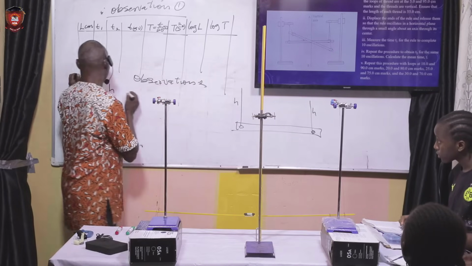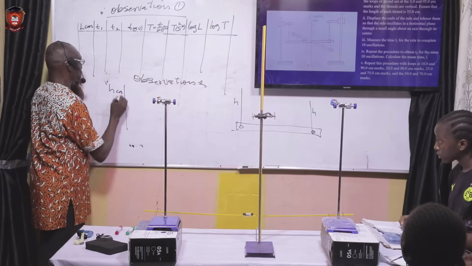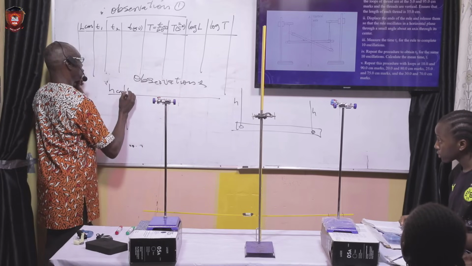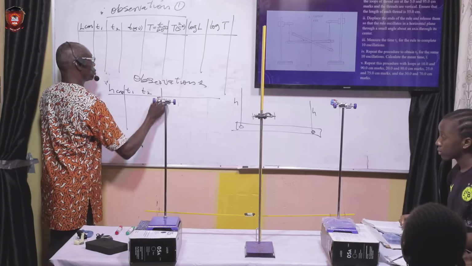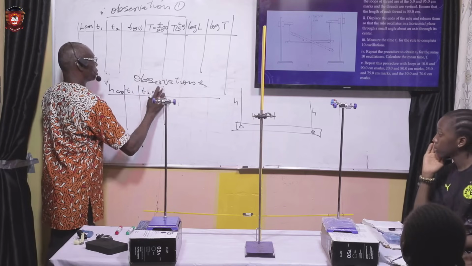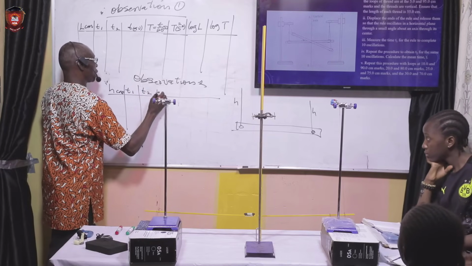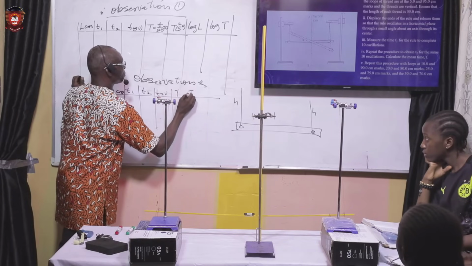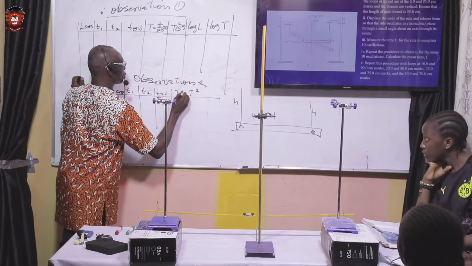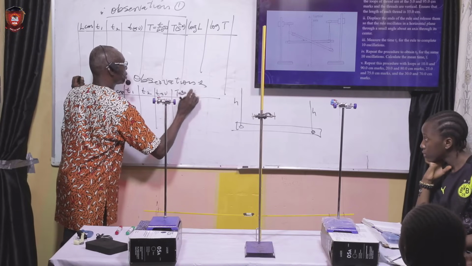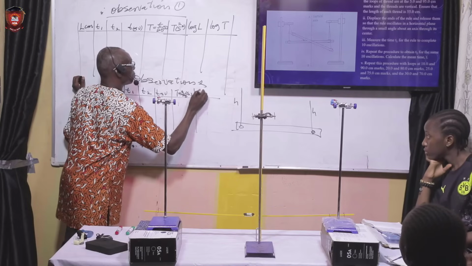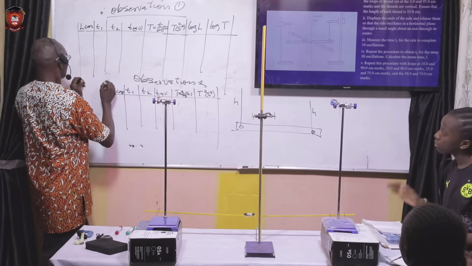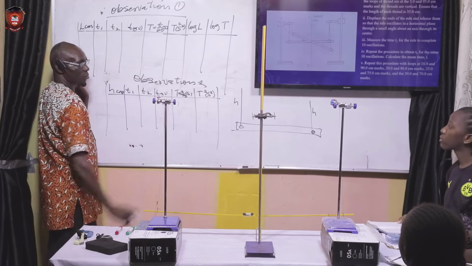It means that h now in cm, then t1, t2, t average, period, and period squared. This is small t over 20 in seconds, then period squared, second squared. So if h is varied, this is the table only.